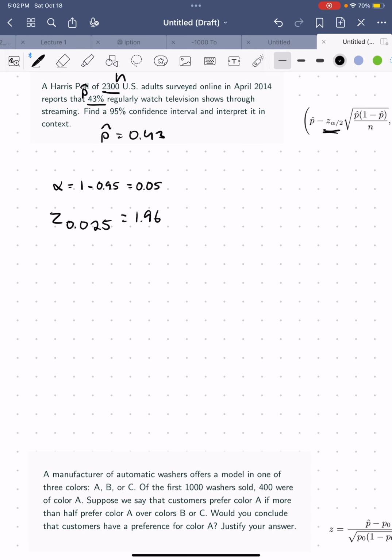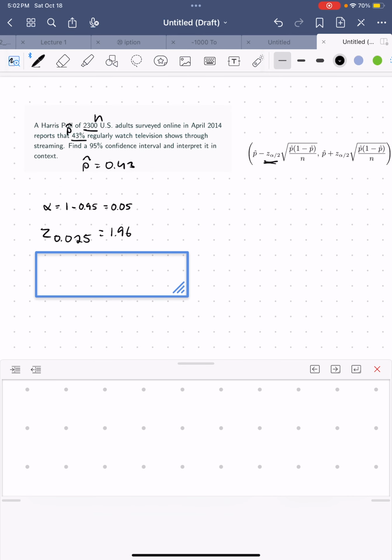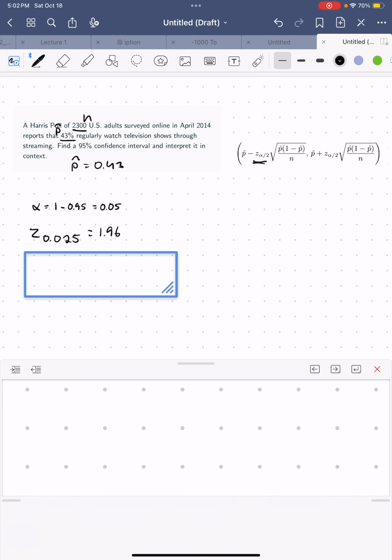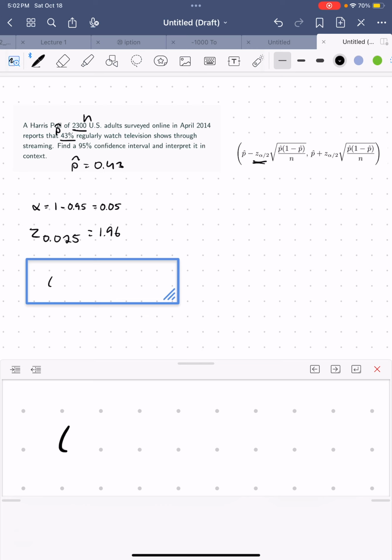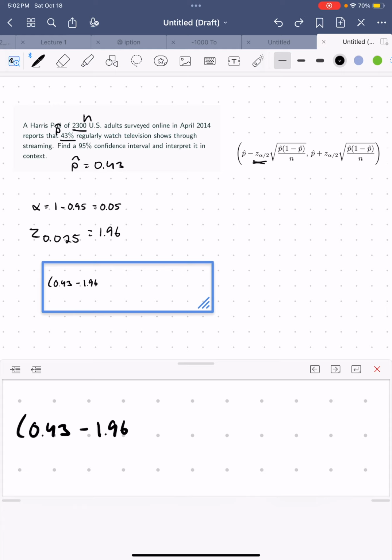And now that we have our z value, we can calculate our confidence interval using our formula. So we have p hat, so 0.43 minus 1.96 times the square root of 0.43 times 1 minus 0.43, and then divided by our n, so it's 2300.